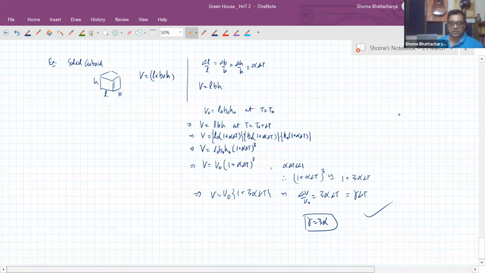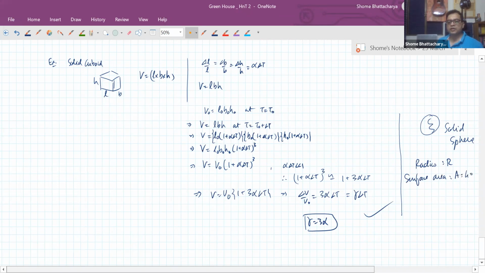An easier way to just remember this is that, if you have a solid sphere, okay, if its radius is r, then its surface area is 4 pi r square and its volume is 4 by 3 pi r cube.